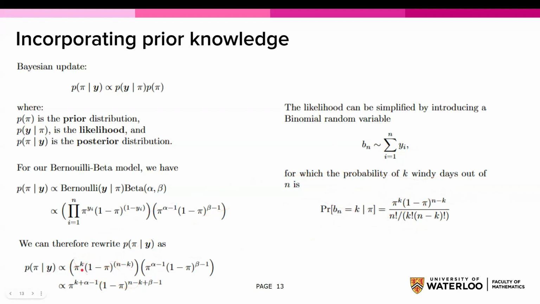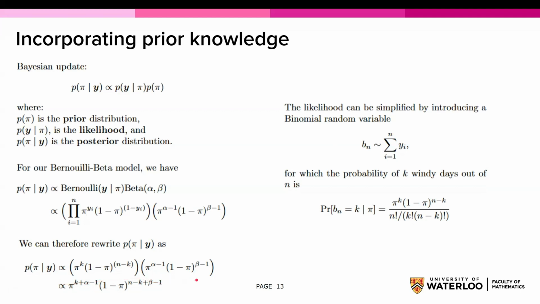When we multiply this likelihood with the beta prior distribution, we would now end up with a new beta distribution that reflects our updated beliefs about pi. And so, yeah, now we would get new shape parameters based on the old shape parameters, alpha and beta, plus the counts of windy days k, and the total number of days n. So yeah, this is what we mean by posterior update. We've incorporated new data by adding these counts to our prior beliefs.